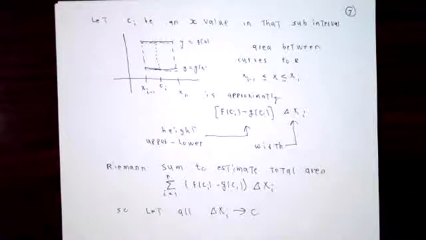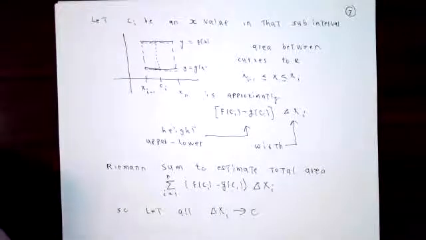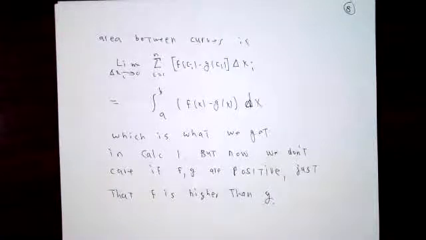And then again, we do what you think we're going to. To approximate the total area, we add up all of these contributions, and to get the exact area, we'll let all of the delta x's tend to 0. Taking the limit, we get the integral from a to b of f of x minus g of x with respect to x.